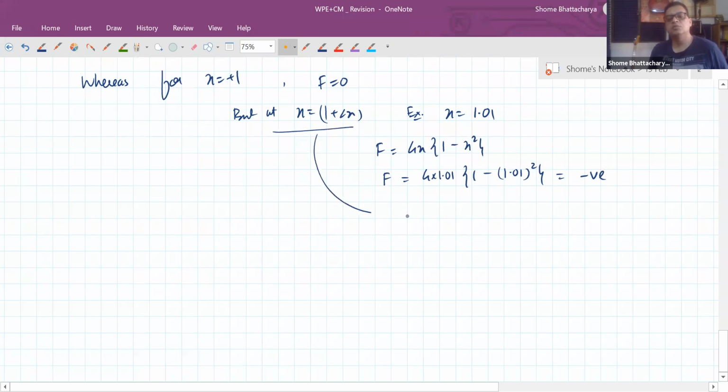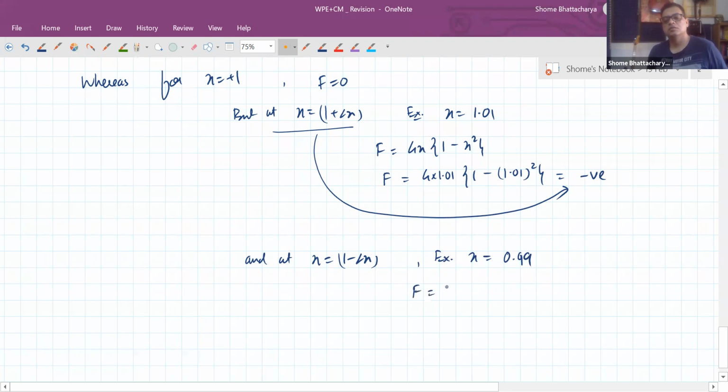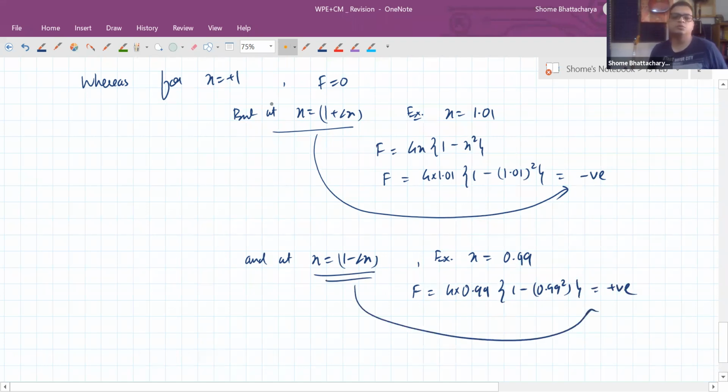At x equal to 1 minus delta x, for example, x equal to 0.99, the force will become positive.